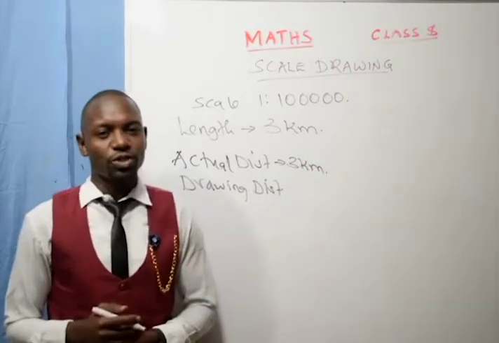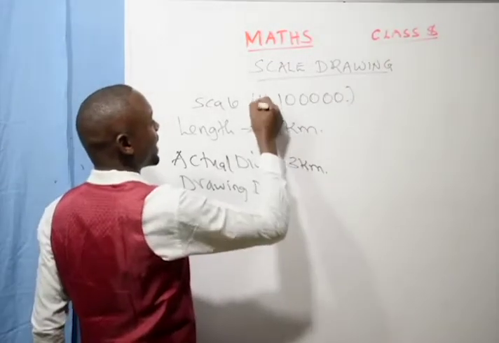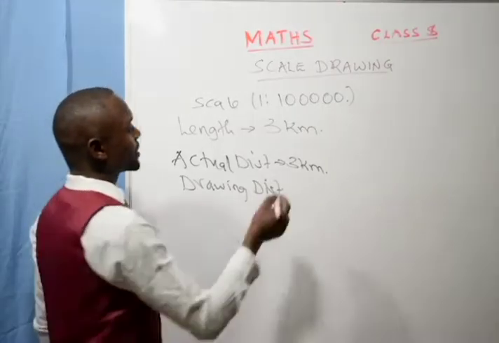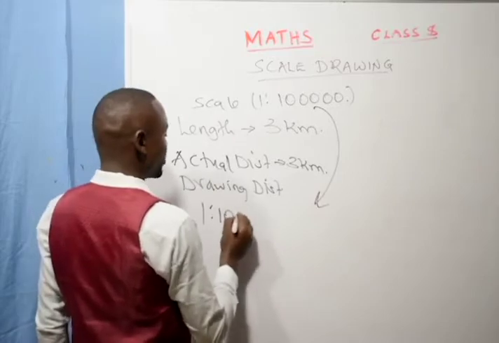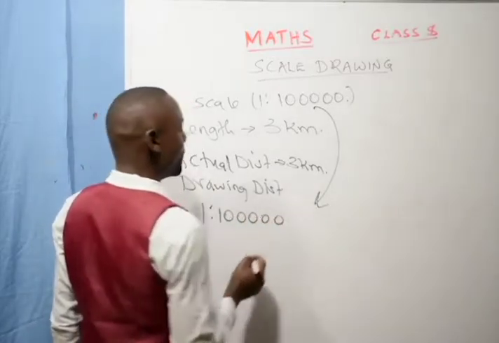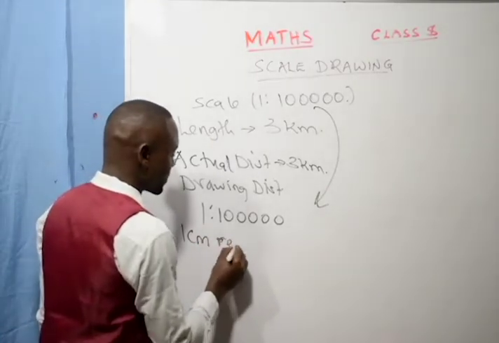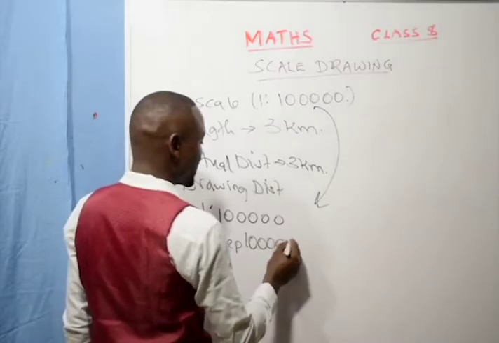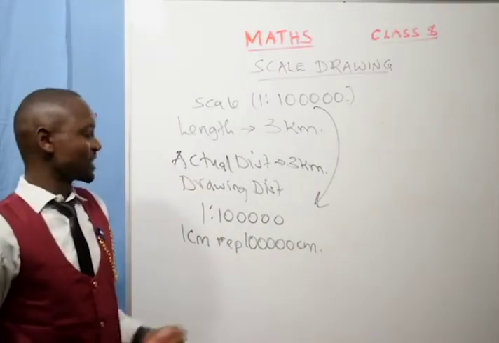So, there are two ways of working out this question. First, you can give the scale in terms of kilometers or meters, whereby we say this scale 1 is to 100,000 means 1 centimeter represents how many centimeters? 1 centimeter represents 100,000 centimeters.